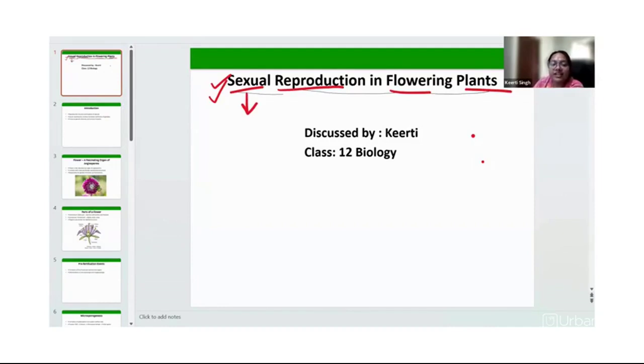We have already studied in our previous classes that there are two types of reproduction: one is sexual and the other is asexual.